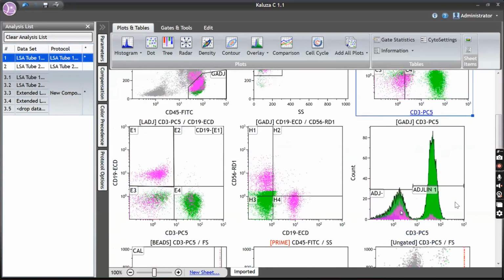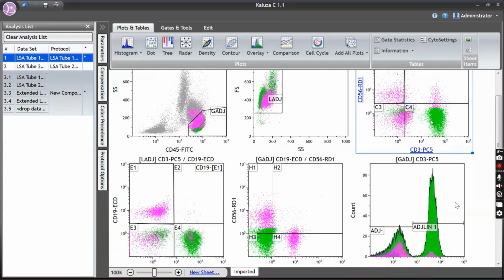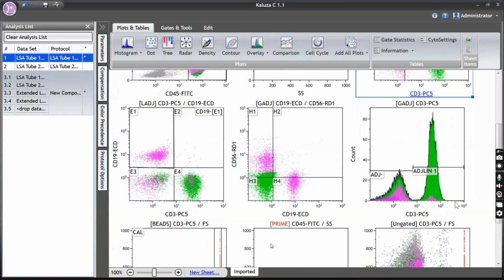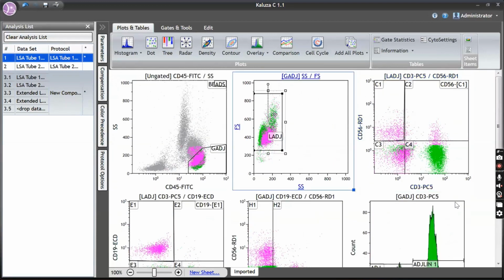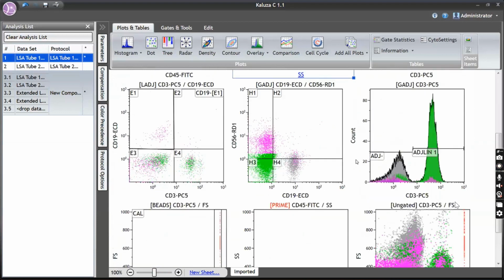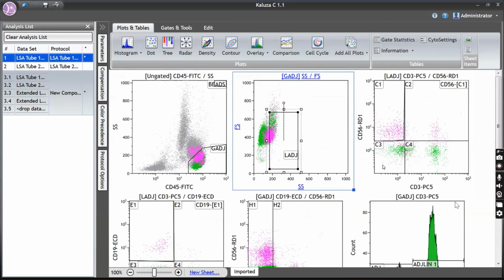But the problem here is that you need to check whether the gates are rightly placed. Only when the gates are correctly placed are the values correct. For example, if someone inexperienced shifts the gate like this, your values may go wrong. If you have not checked this and you are just giving it by the numbers which the tabular column is showing, you are wrong. This is one point.